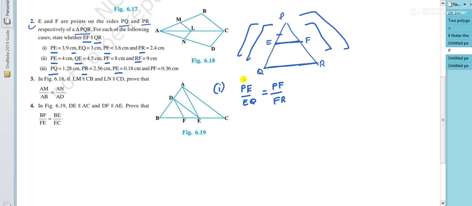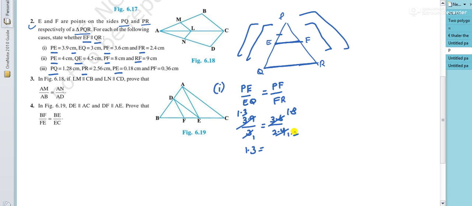We can check whether they are equal or not. So this is 3.9 divided by 3, which is equal to 3.6 divided by 2.4. So this can be divided by 3, correct? So 3 ones are, and this is 3 ones are. So this is 1.3, but here they can be divided by 2. So 1.2, and this is 1.8.